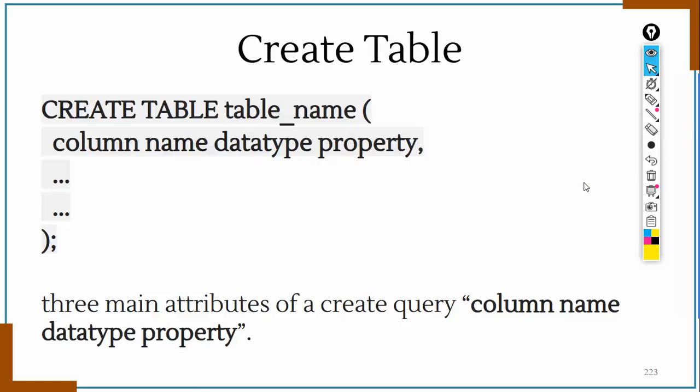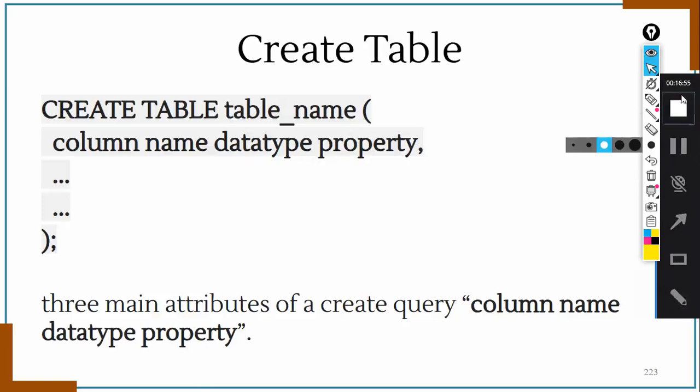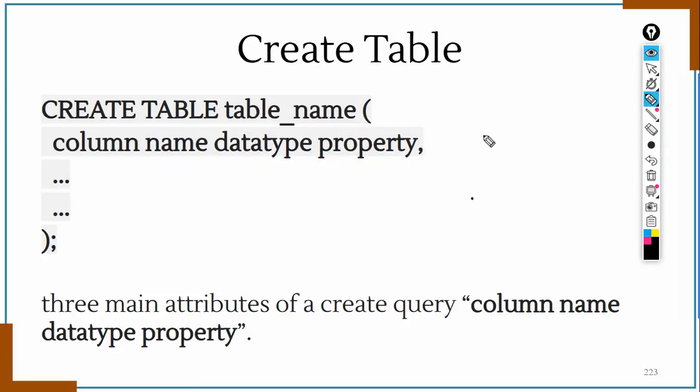Next is create table. This is the syntax to create a new table in our database. Whenever we want to create a table, we write create table and the table name. There will be an opening parenthesis and a closing parenthesis.